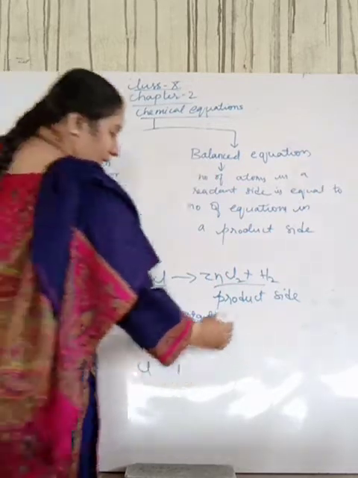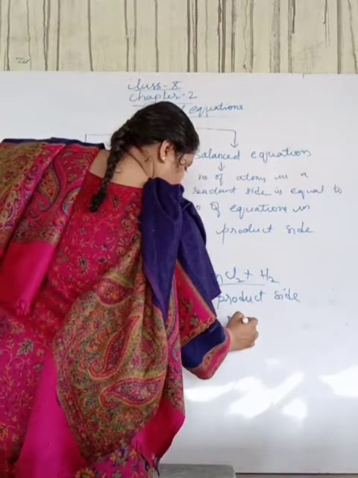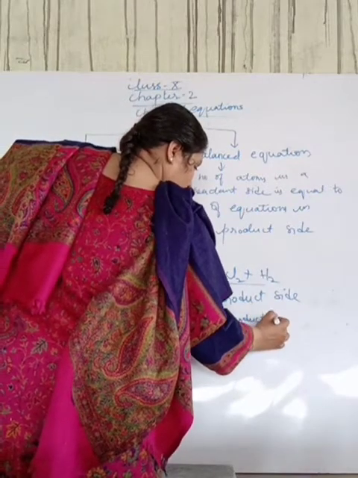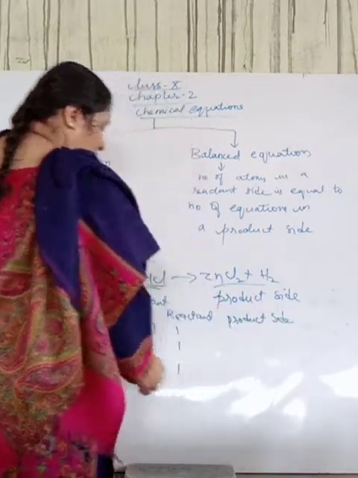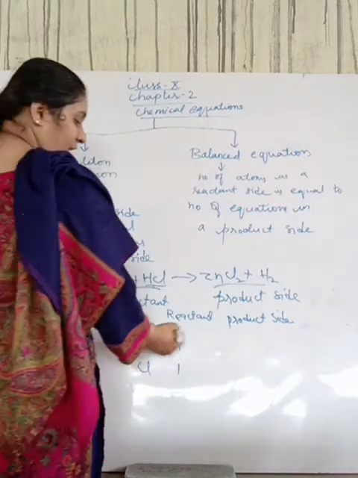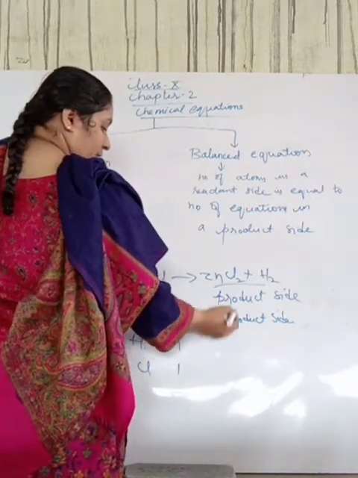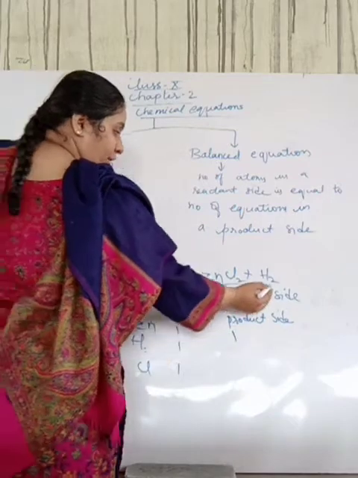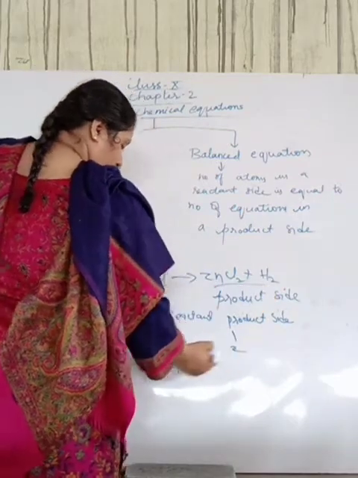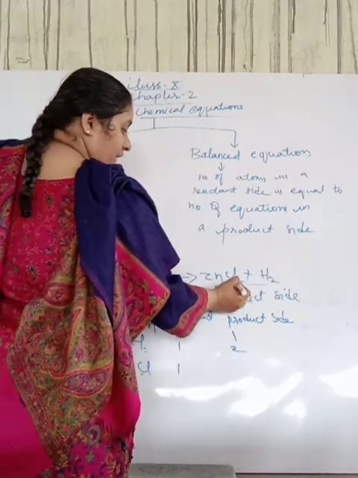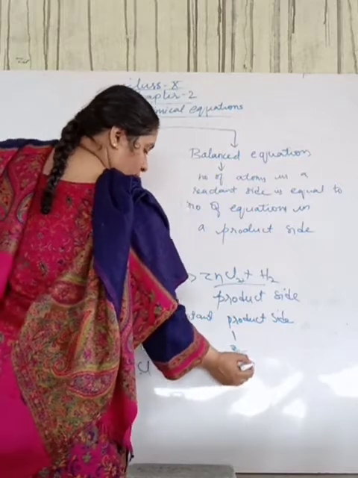Whereas in the product side, how many Zn, students? 1 Zn. But how many hydrogen? 2 hydrogen. How many Cl? Here this is 2, so 2 Cl.